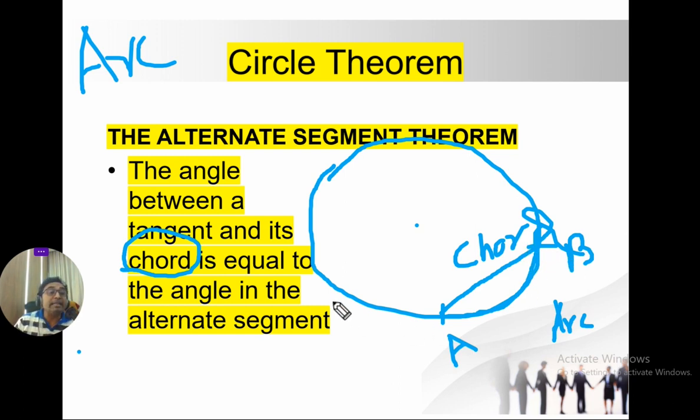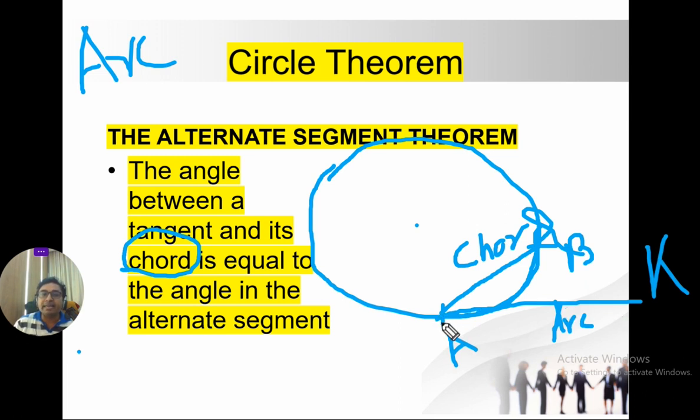Now, what it is telling? The angle between a tangent and its chord is equal to the angle in the alternate segment. Now, ये point पे हमने एक chord draw, tangent draw किया. Say this is tangent K. ये tangent at point of contact is A and AB is the chord.